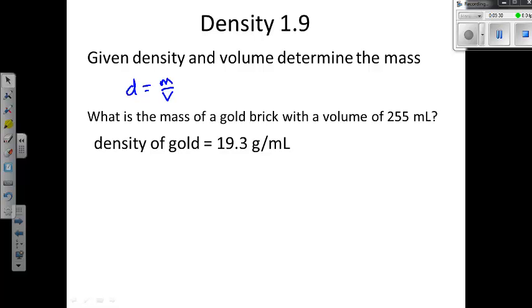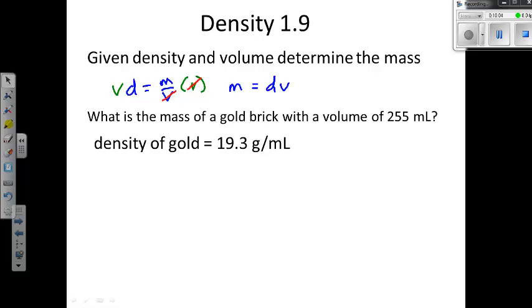There's a way to do that. Multiply both sides of the equation by volume. Right, and now volume cancels out on the right side, and I can say mass is equal to density times volume. So you don't have to memorize that. You can derive that from D is equal to M over V, M is equal to dV.